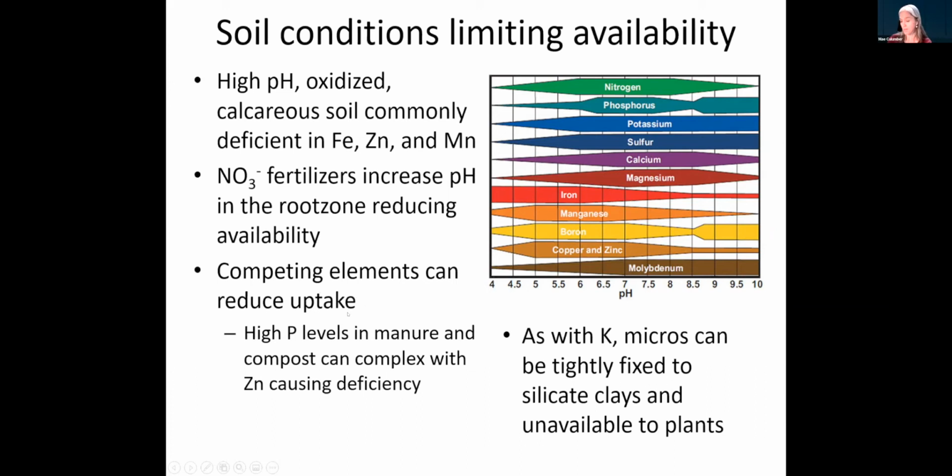A common example of that would be in systems where we're using a lot of manures and compost. We can have elevated levels of phosphorus, and then phosphorus can complex with zinc, leading to deficiencies, making it unavailable for uptake. And as with the fixation problems that I described with potassium, micronutrients can also be tightly fixed to silicate clays, making them unavailable to plants.